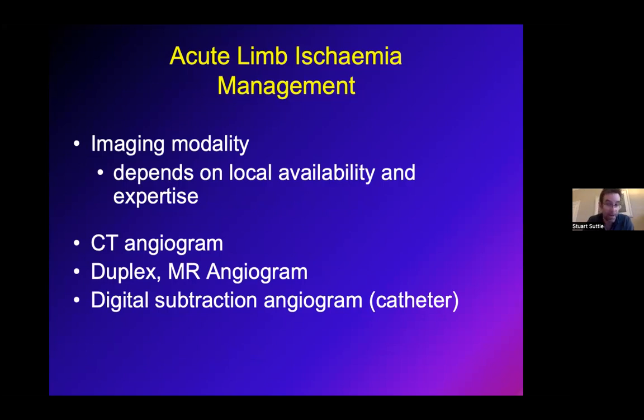Downside is a lot of radiation and it requires contrast, but that is a necessary evil to save the leg. During the day, we in our unit have got access to a great ultrasound lab, a vascular lab, where we can get really accurate duplexes. Not everyone has that, and we certainly don't have it out of hours. You can use MR angiograms, but the MR in most hospitals is a really sought after investigation.